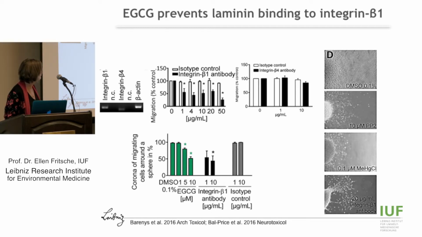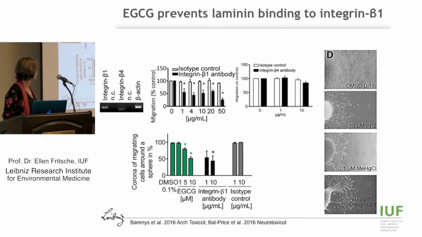These are actually controls with compounds that act through different effects on different pathways on migration. You see there are not these gaps in there. It's just a shorter migration distance, but the beta-1 integrin antibody really makes these strange gaps, because it's really adhesion. So I think this is the first putative AOP that had something to do with adhesion.